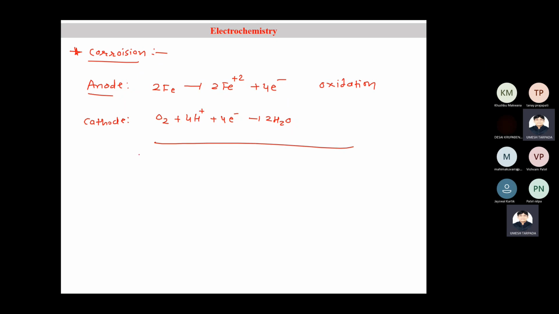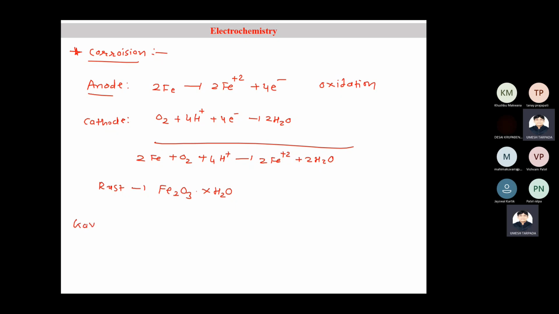This is called the corrosion process. 2Fe plus O2, and electrons get cancelled out. What is the formula of rust? Rust is nothing but Fe2O3 into XH2O.